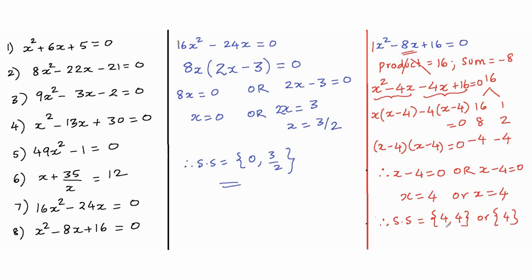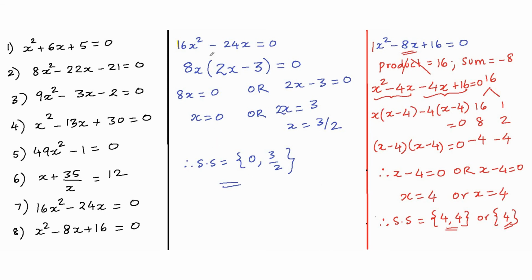But because this is a quadratic equation, we have two roots. We know that every quadratic equation has two roots. Now in this case, the roots happen to be real, but we still mention it as 4, 4, right? This is the preferred way, though there is nothing wrong with x equal to 4. But this gives us an impression that it is a linear equation because only one root was specified here.